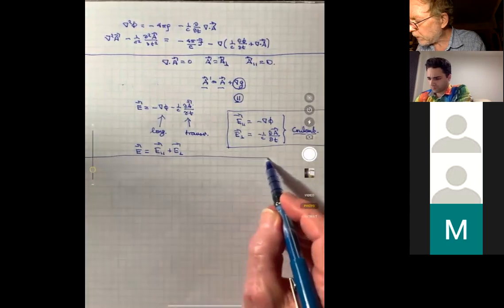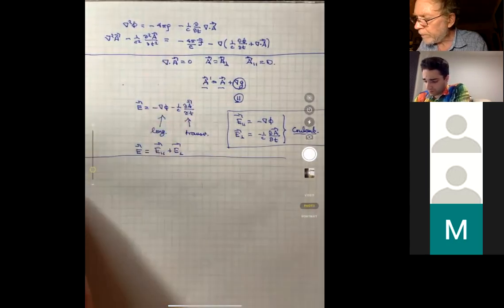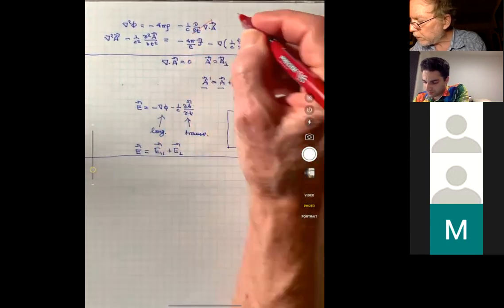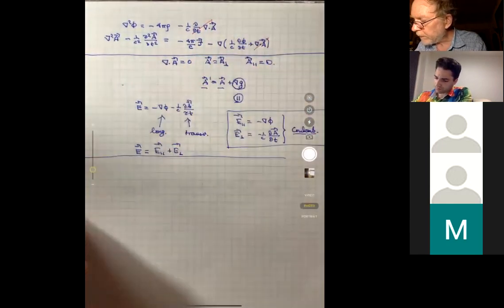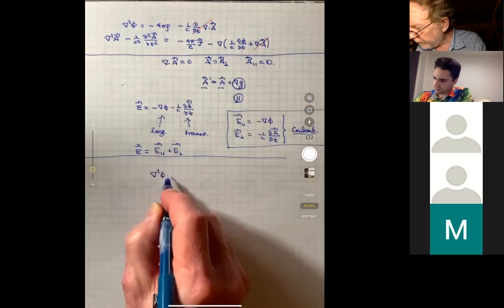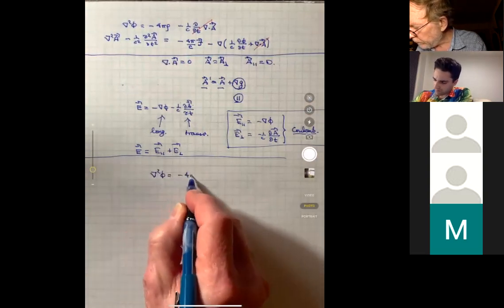All right, in any case, let's simplify Maxwell's equations when del dot A is equal to 0. So that term goes away and that one goes away. Let's write them out here. We get del squared phi is equal to minus 4 pi rho.